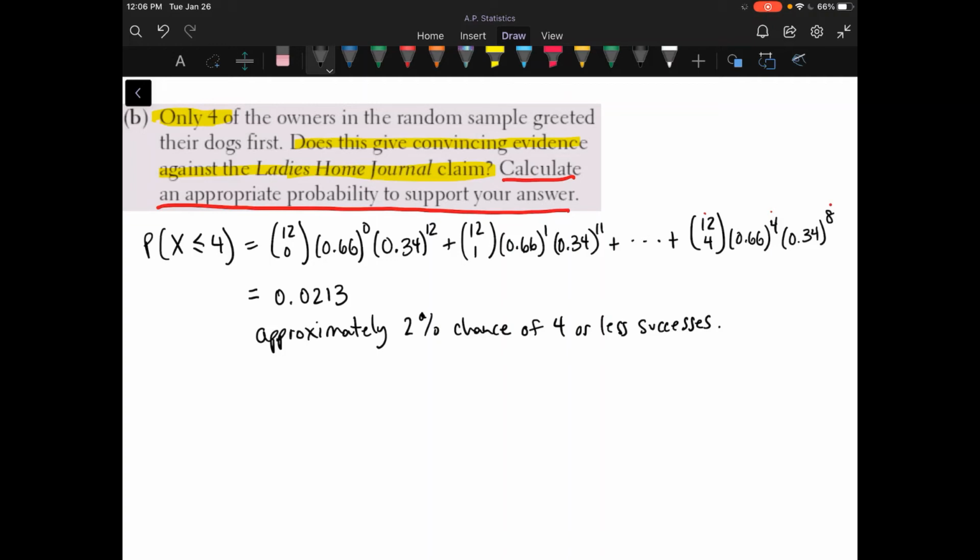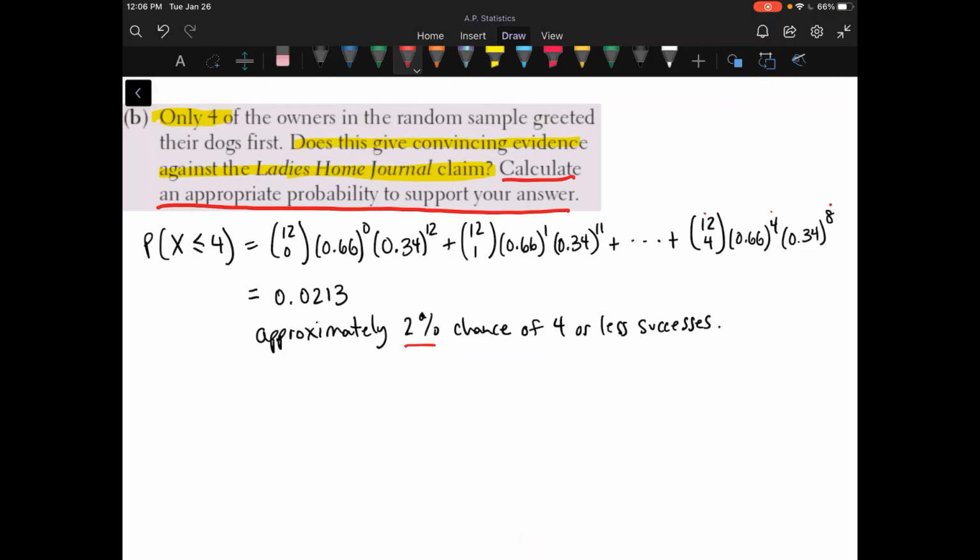So because there's only a 2% chance of 4 or fewer owners greeting their dogs purely by chance, this gives us strong evidence against the Ladies' Home Journal claim.